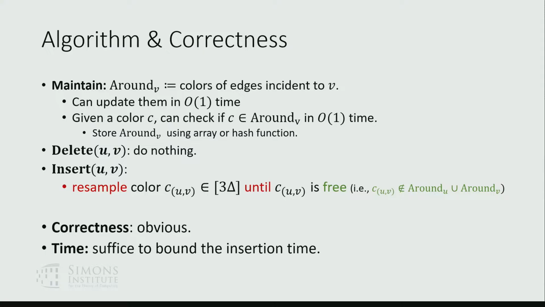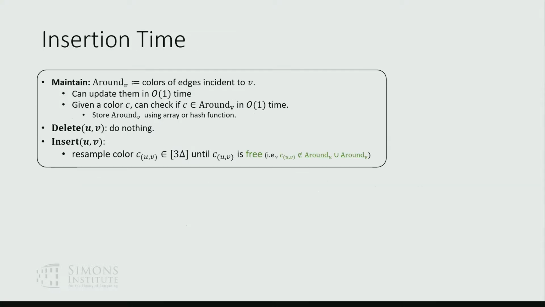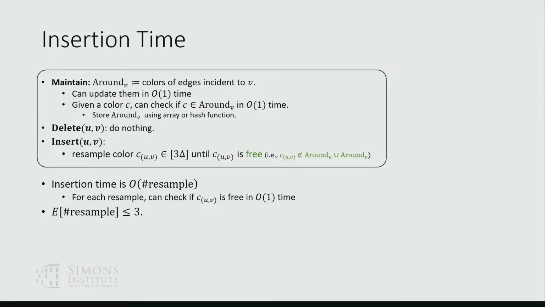And how do we see the update time? Let's analyze how many times you need to resample. The insertion time is just how many times you resample, because each time you resample, you can check whether the color is free in constant time. In expectation, the number of resamples is just 3.